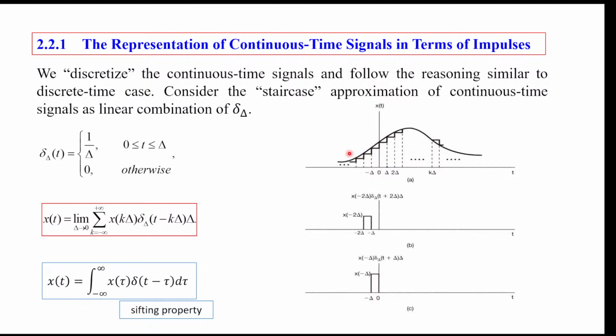Okay, and so you look at this staircase function. We think that if delta goes to 0, then the staircase function will approximate our original signal x of t.